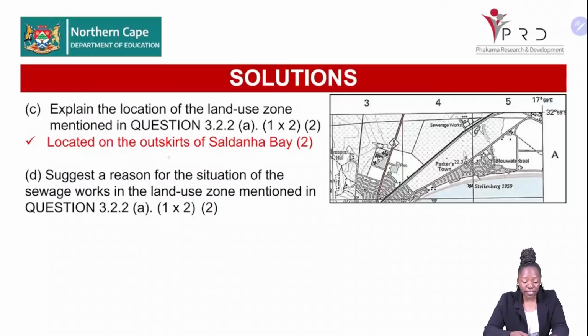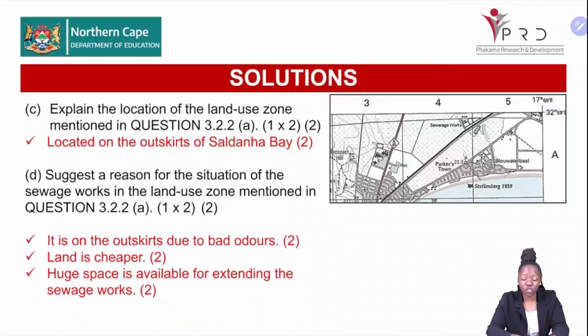Then your number D, you suggest a reason for the situation of the sewage works in the land use zone mentioned in question 3.2.2a. It is located on the outskirts due to the bad odor. That is an obvious reason because we are looking at the sewage works and it has a bad odor. So therefore, it can never be next to the CBD or even next to the residential because of its odor.